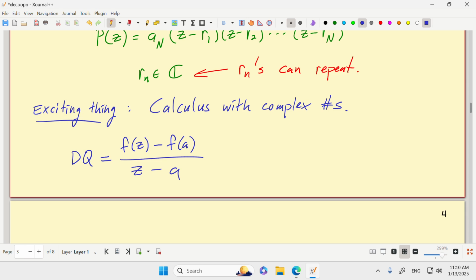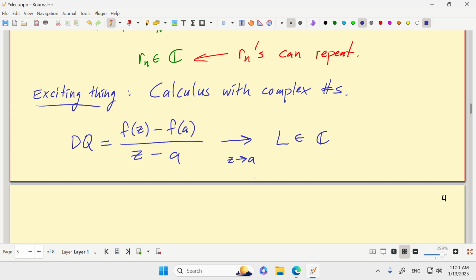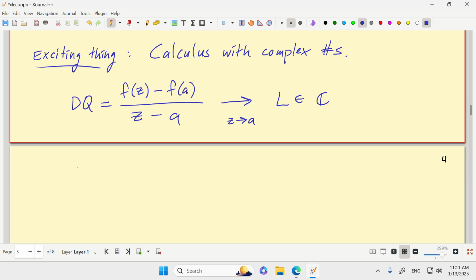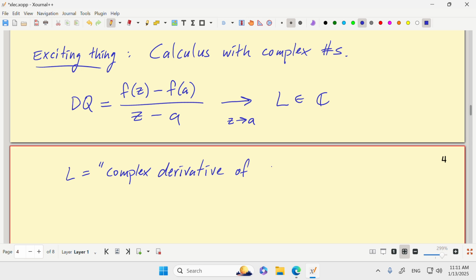And a complex number is a point in the plane. And if that complex number tends to a point in the plane as z tends to a, then we think of that as the complex derivative of f of z at a.